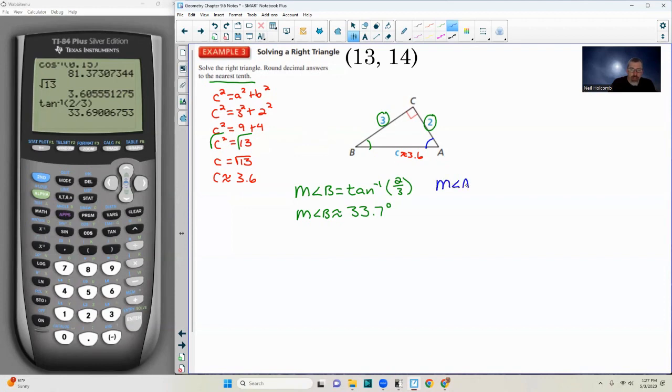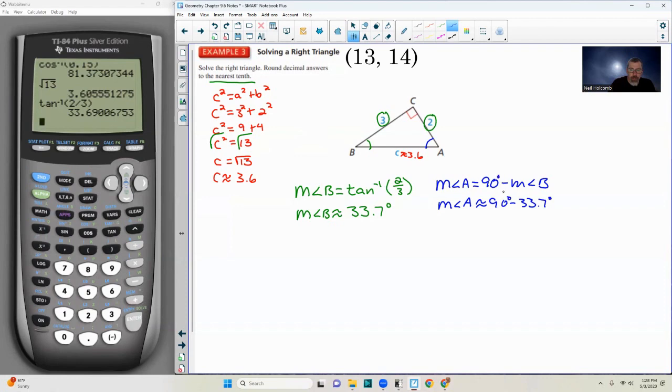The measure of angle A equals 90 minus the measure of angle B. So the measure of angle A, and it's an approximation because angle B is an approximation, is going to be 90 minus 33.7.